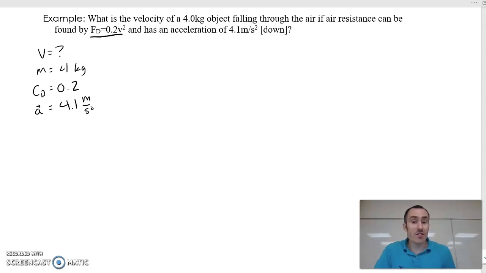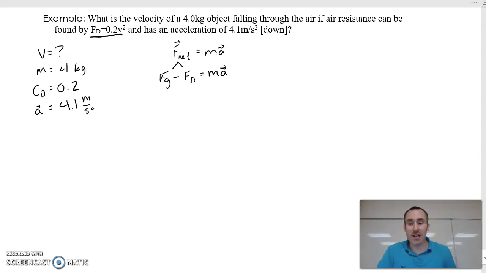We are also given total acceleration, and that gives you a clue that you're going to use F net equals ma. Because with a falling object like this, it's experiencing the force of gravity and it's experiencing the force of drag. And I've made the force of drag negative.